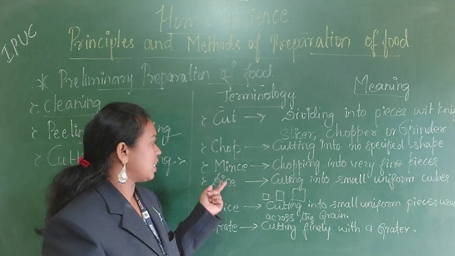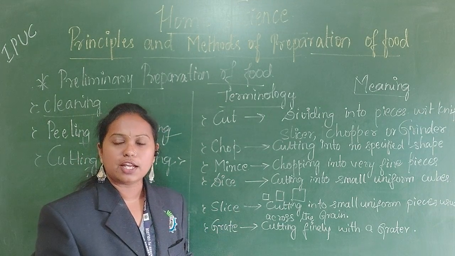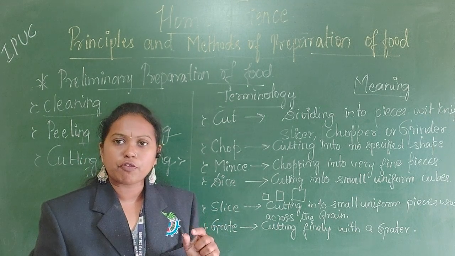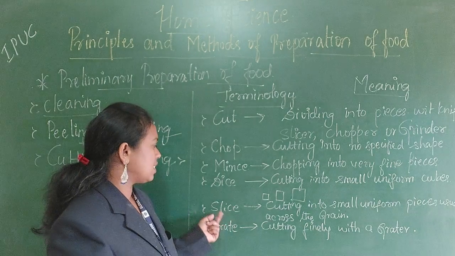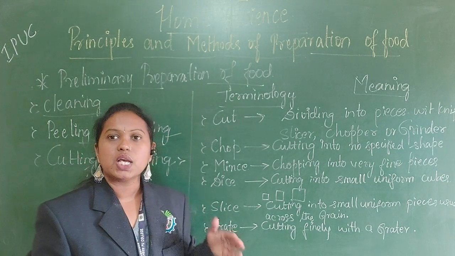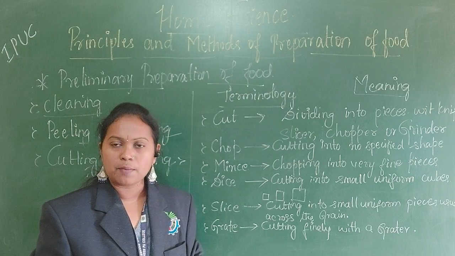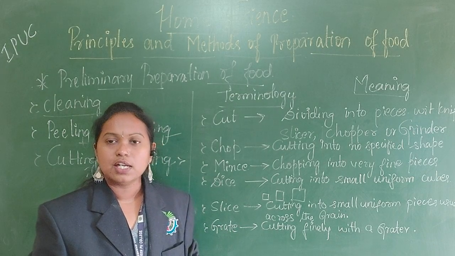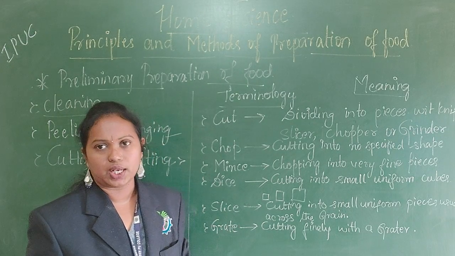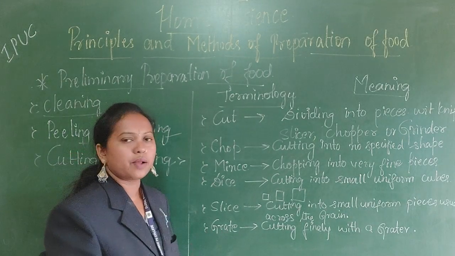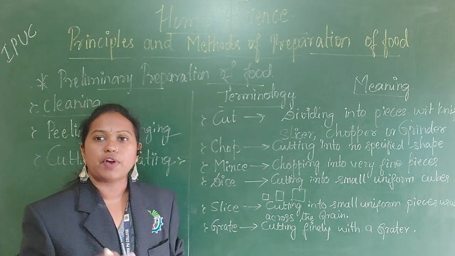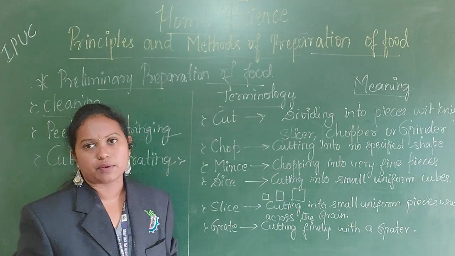The next one is dice, which means cutting into small uniform cubes. The next is slice, which means cutting into small uniform pieces, usually across the grain. And grating means cutting finely with the grater.